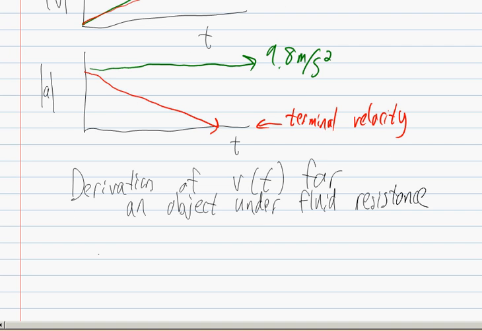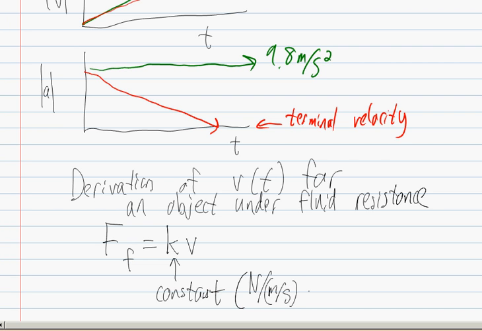Basically, the fluid force is just going to be kV, where k is some constant. The units are going to be newtons per meters per second, or newton seconds over meters. Okay, nothing difficult, and this is just going to be the velocity.